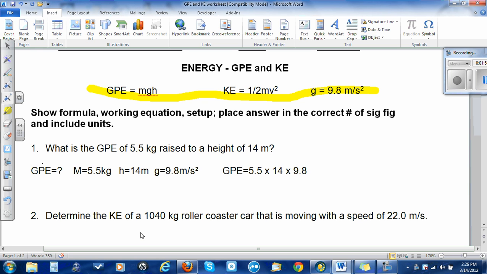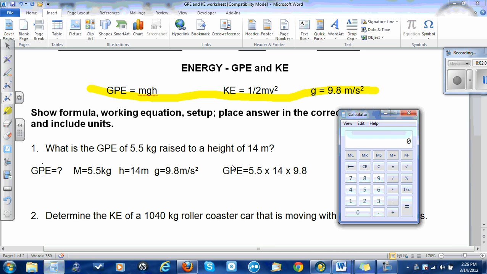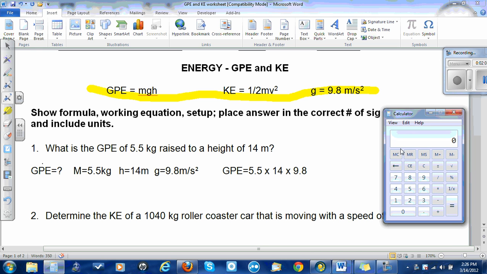I'll pull up my handy dandy little calculator here. 5.5 times 14 times 9.8 equals 754.6.